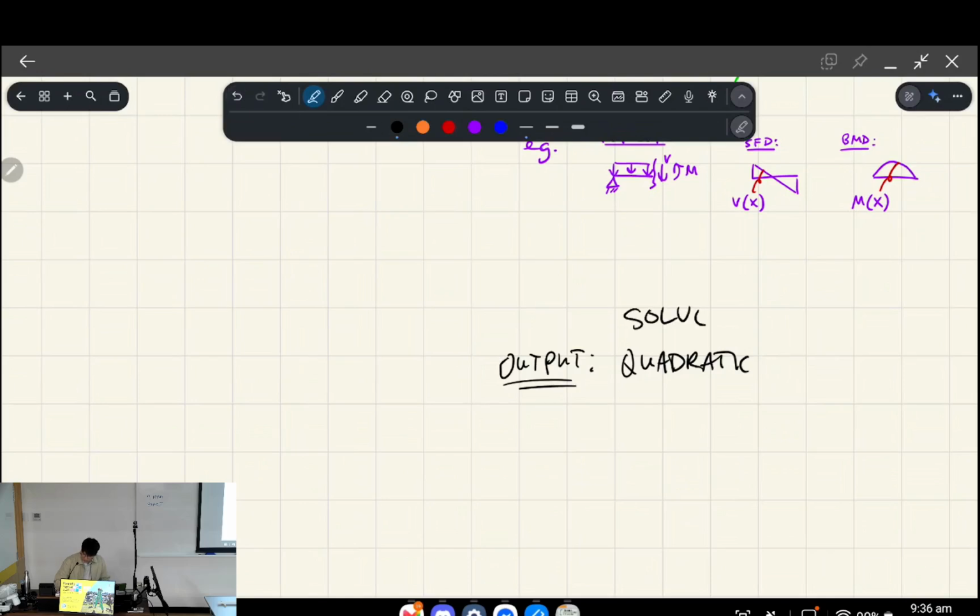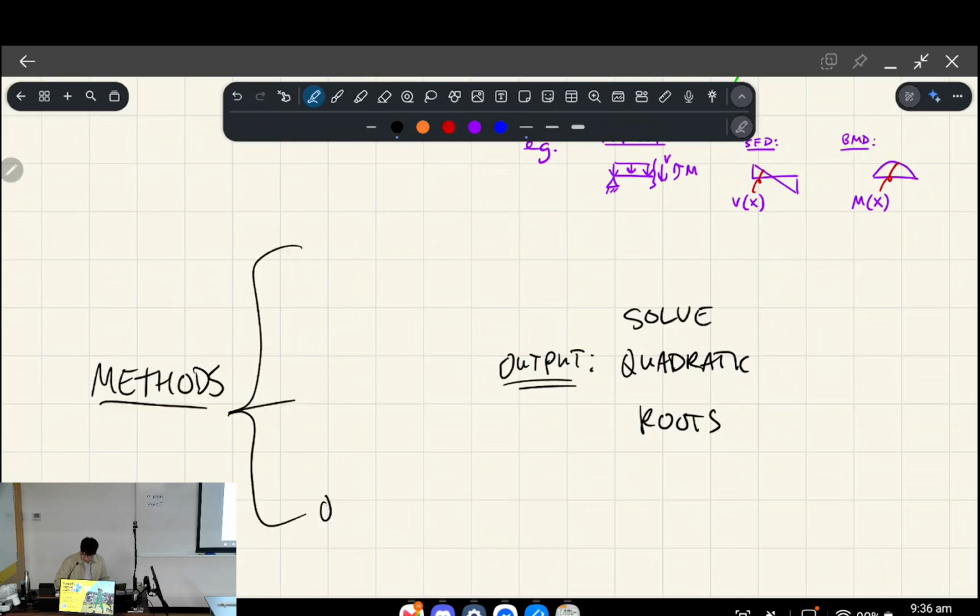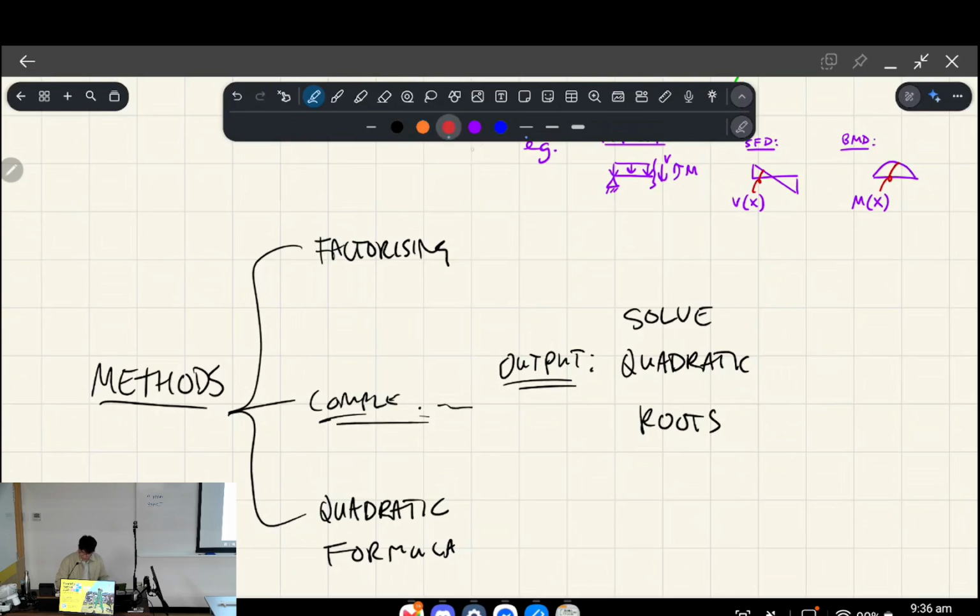Solve quadratic roots, let's say. Now you've got methods to do it, right? I can just list 3. The quadratic formula, and you've got factorizing, and there's complete the square, but let's not focus on that for now. Let's just focus on factorizing versus quadratic formula.